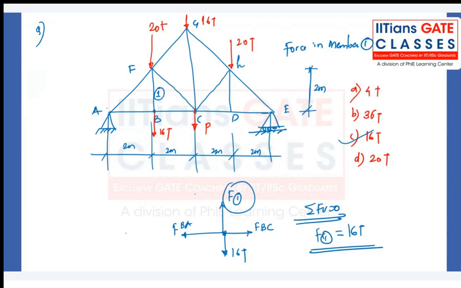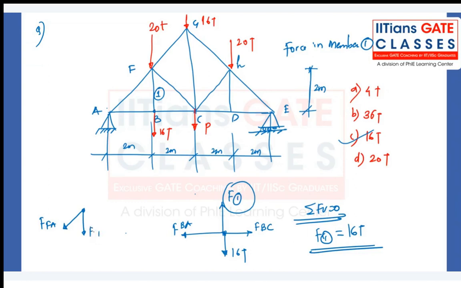Why are we not considering point F, Dharmesh? Yes, again the same mistake you are doing. If you consider point F and draw the figure, what forces do you need? FFA, force in member 1, or let's call it FFB.